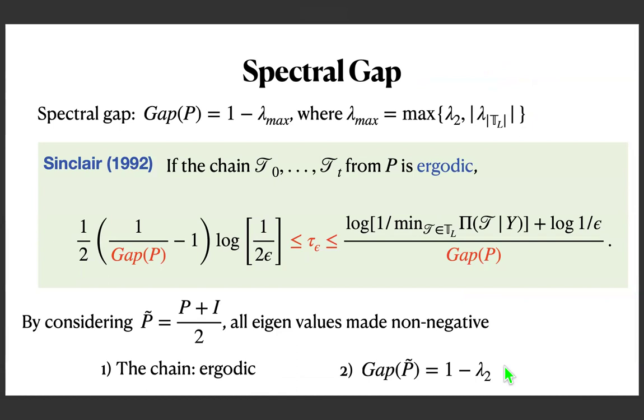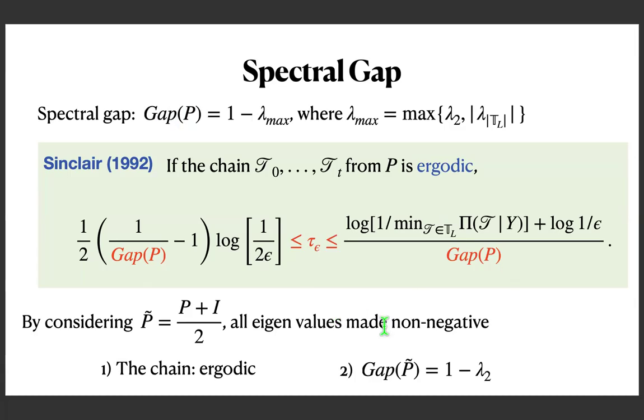So I think this is a magical number. P is the transition matrix, and the gap is defined using the eigenvalues of this matrix. When the chain is ergodic, what we know is that the mixing time can be both upper bounded and lower bounded by using this magical number, the gap.